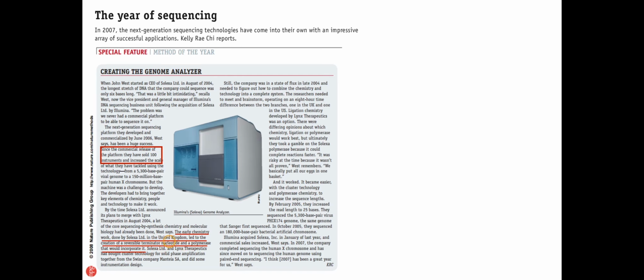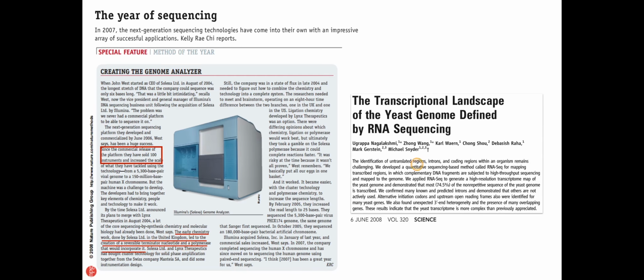And this technology ultimately, and we'll get there in a minute, led to some of the first, and this is one but not the only early RNA-seq paper where this sequencing by synthesis was applied, in this case to yeast, to generate a transcriptome. And this is a paper from Michael Snyder's lab at Stanford in 2008.